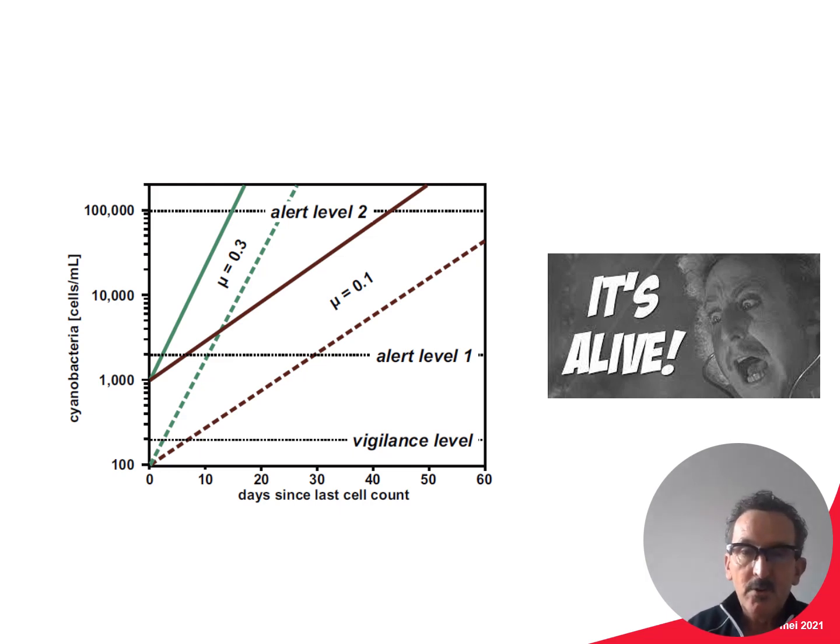You can see those are the horizontal lines in the graph, and how fast you go from one alert level to the next depends, of course, on how fast your cyanobacteria are growing. So it depends on the conditions, resources available, loss factors in your system that determines how fast biomass and therefore toxin concentrations increase. But this is a graph that highlights why cyanobacterial toxins are tricky to manage because it's so dynamic.